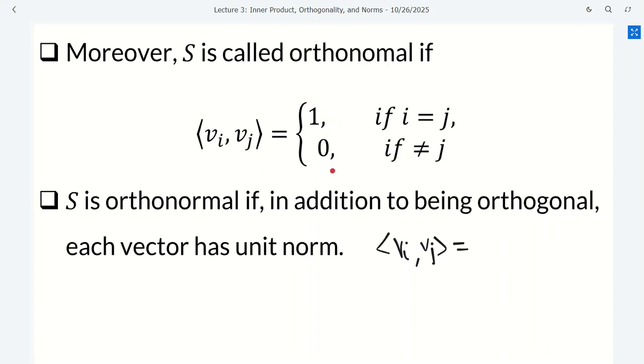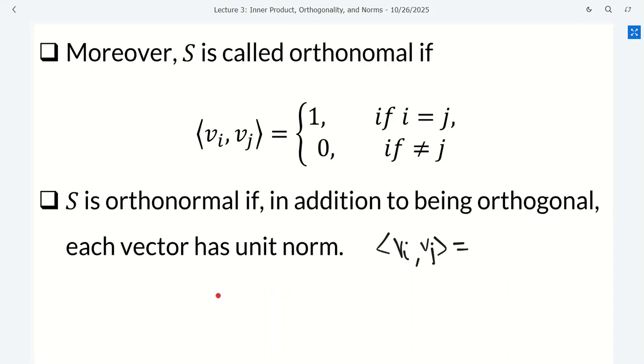If they are different, you are going to get 0. So let me explain it. There are 2 things happening here: one is the unit norm, the other one is orthogonality.